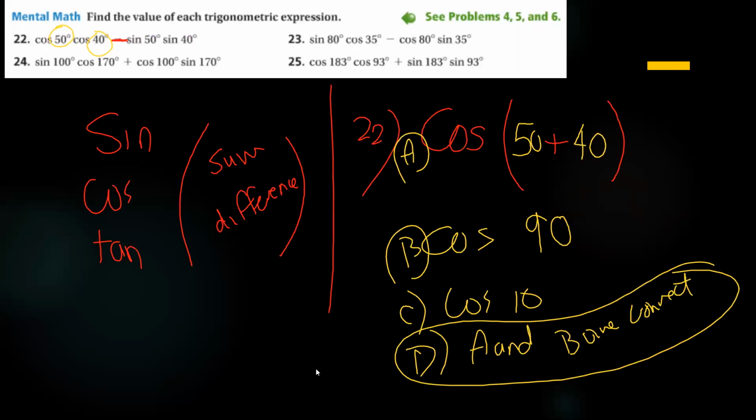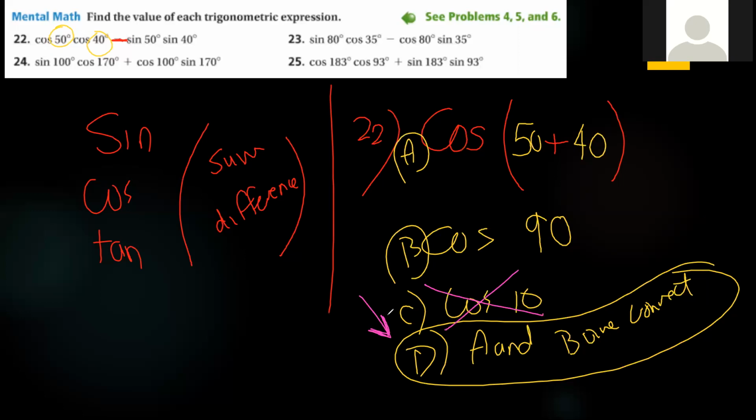I told you if it is cosine of 50 plus 40, or cosine of 90, or cosine of 10, or A and B are correct, you will tell me that A and B are correct. Teacher, how is it cosine 10? These are choices. This is not correct.